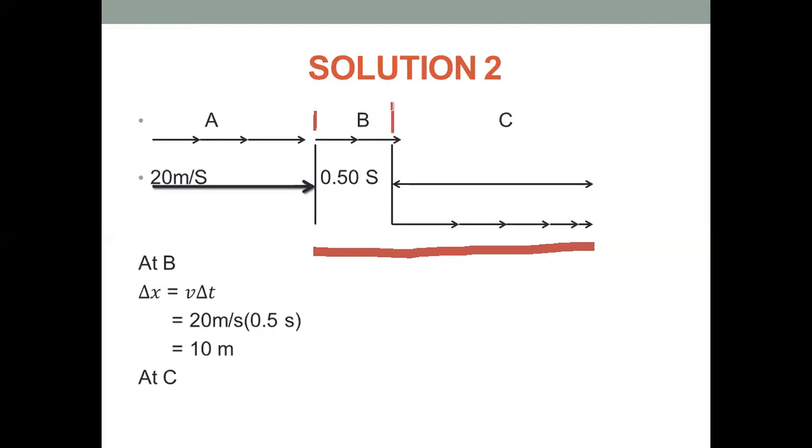That is section B. As you can check under section A, the car is moving at a constant speed.